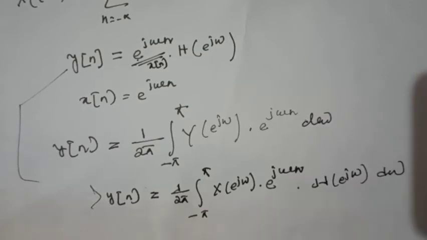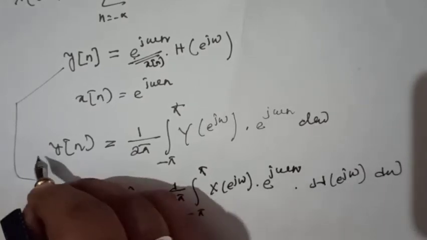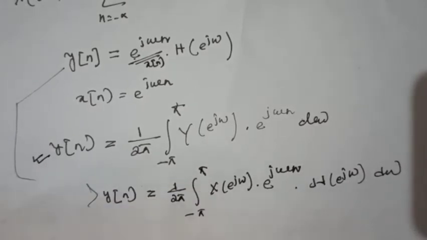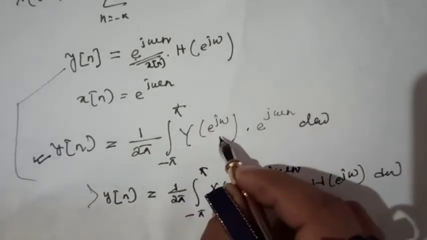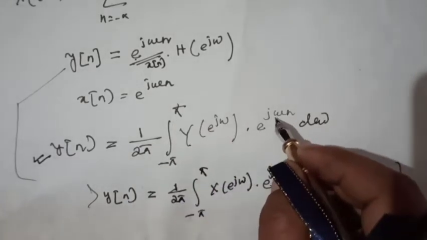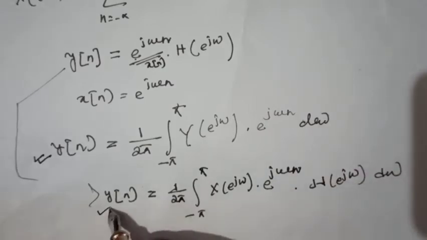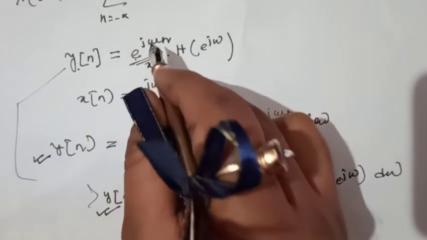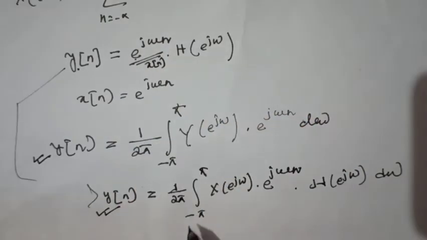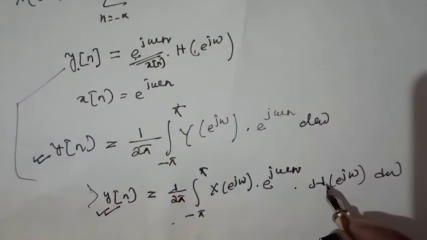Now, this is directly the y of n as per the inverse DTFT, 1 by 2 pi integral of Y of e to the power j omega into e to the power j omega n d omega.